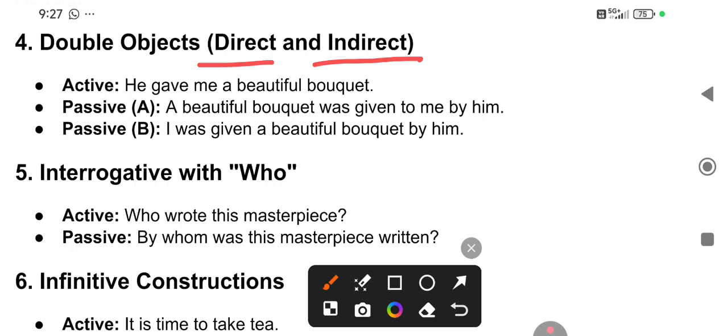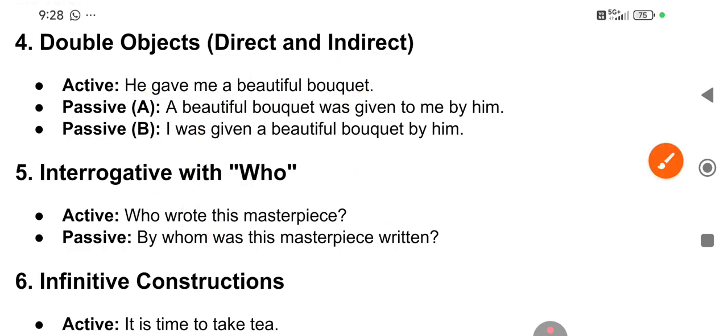Then there are two passive voices, because one time for one object, second time for the second object, you have to make two passive voices of the two objects. Let us see: he gave me, object 1, a beautiful bouquet, object 2.